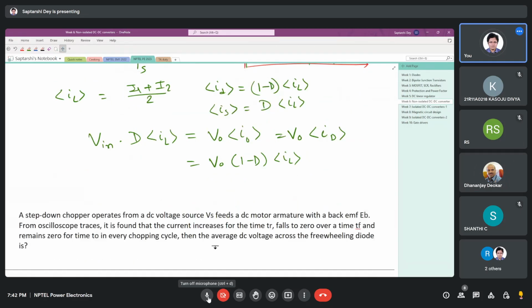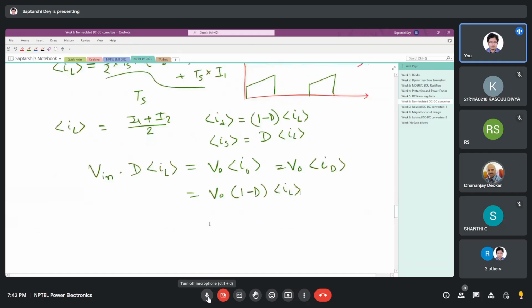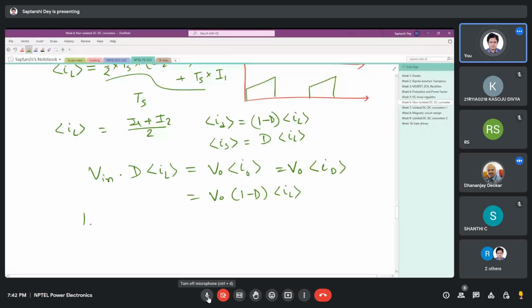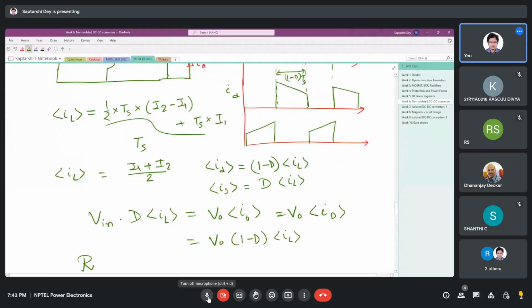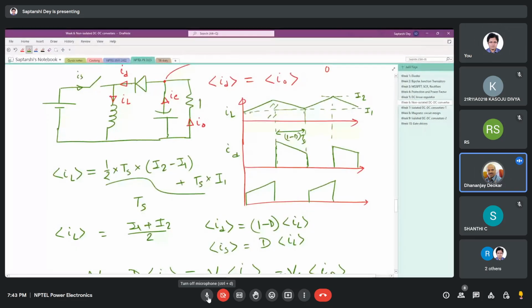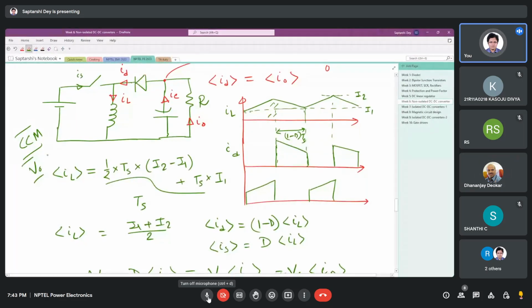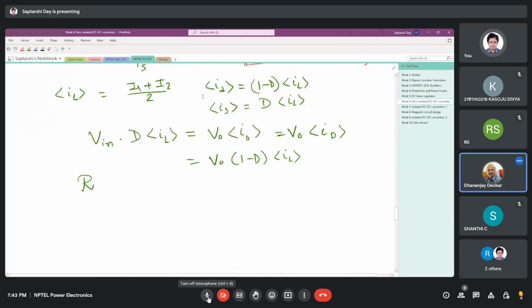So okay, let me put it this way. You have some load resistance here, R. We are talking about CCM throughout, so the output voltage is constant. If the output voltage is constant, this resistance R will dictate the load power, right?